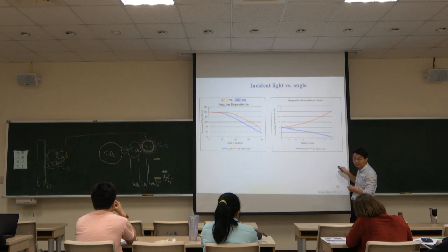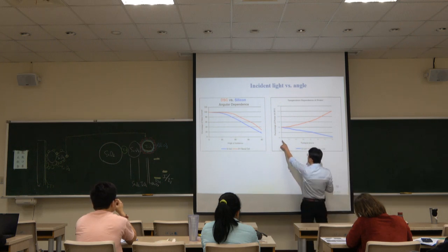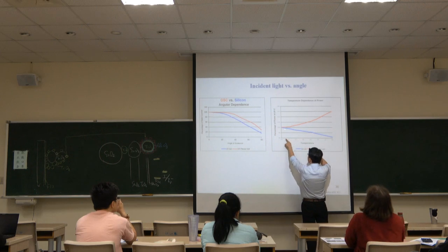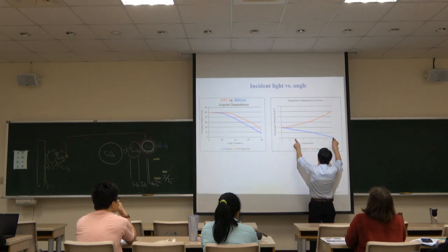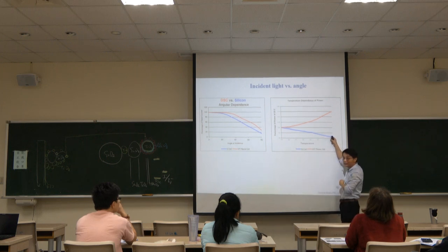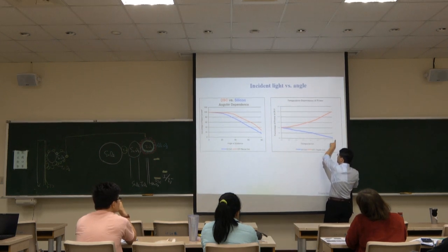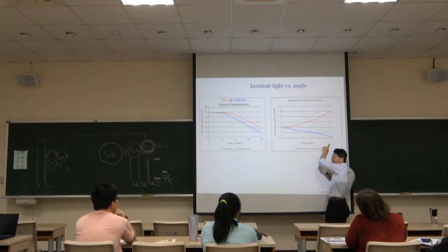For red, the temperature increases to 60 degrees. As you can see for the DSC, the efficiency is high as it increases to 60 degrees, right? But for the silicon solar cell, as temperature increases, the efficiency drops.